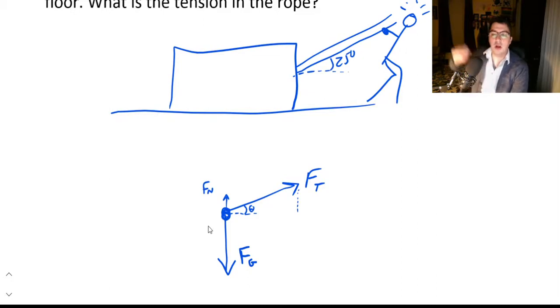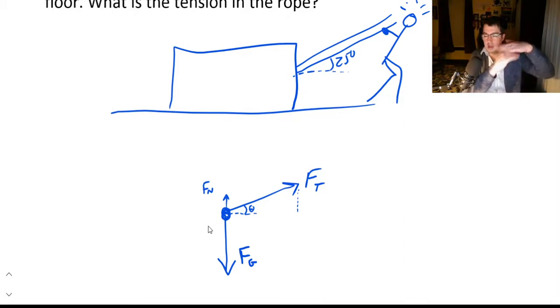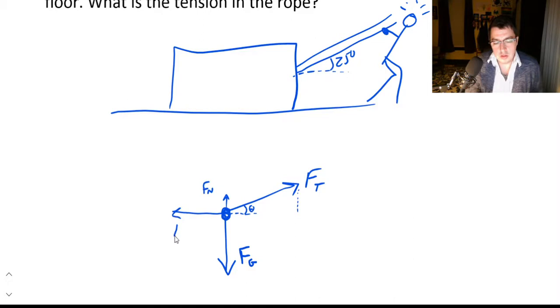If I'm lifting up on the box a little bit by that rope being up at an angle, I can increase that angle and start to lift the front of the box off the floor, can't I? So that tension force reduces that contact force. So we also have a friction force. The box is moving, so it's the kinetic friction force to the left. There's my complete force diagram.